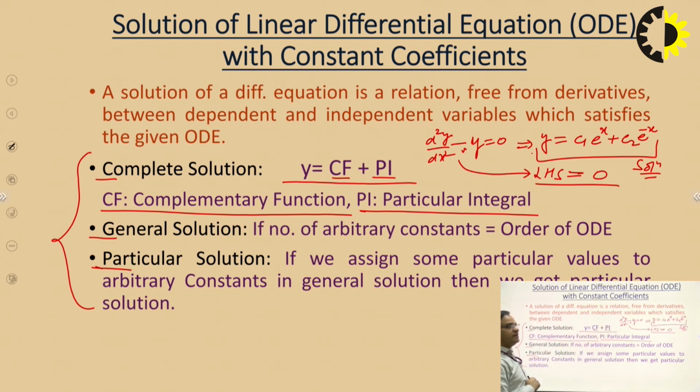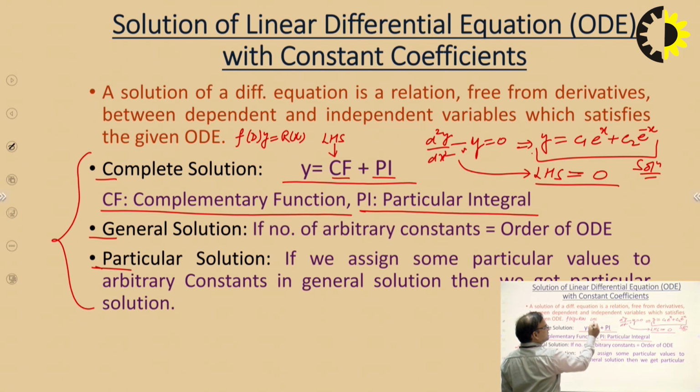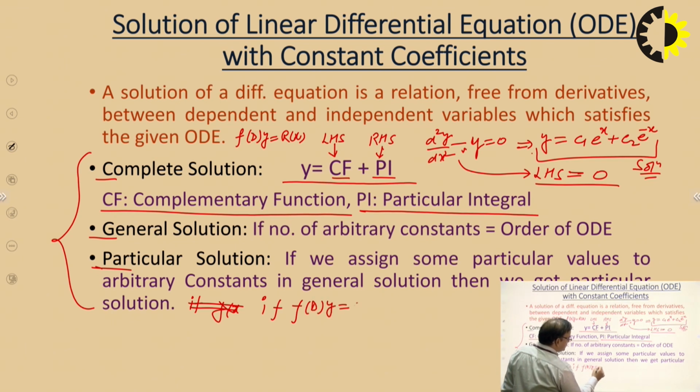Now here we have to understand which part is determined from which part of the given equation. If the given ODE is f(D)y is equal to R(x), then the LHS is responsible for the CF and the RHS is responsible for the PI. If f(D)y is equal to 0 is the given equation, then we have only CF here.